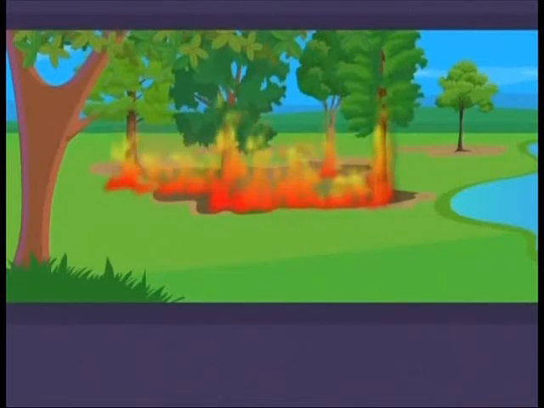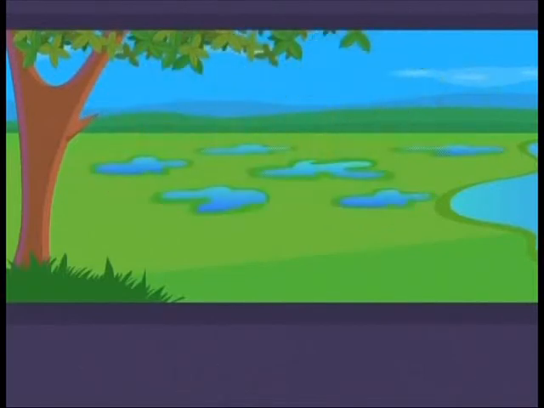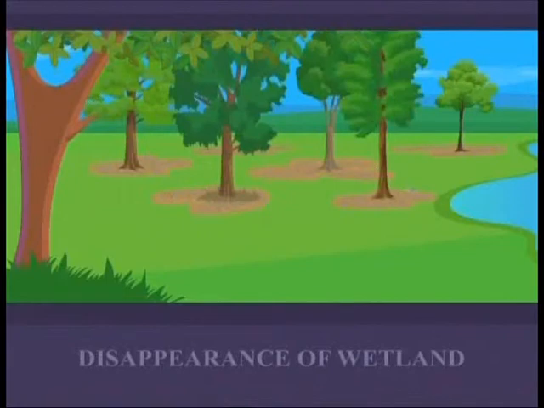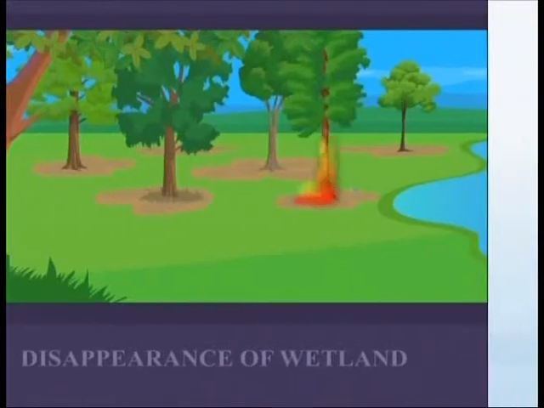But under certain circumstances, like fire and heavy flooding, all the plants and trees that have taken over the wetland may die and the wetland is saved. But then the above process starts all over again until another fire or flood occurs in the region.